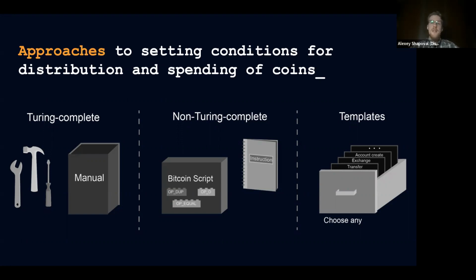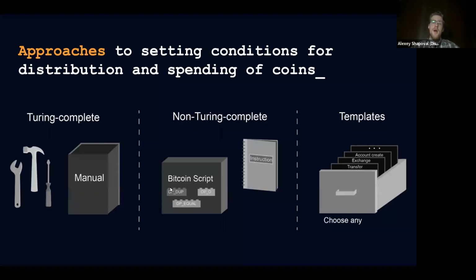The next category is non-Turing complete. These systems use building blocks to allow you to implement the logic only within the system boundaries. They are generally safer and more efficient, but at the expense of flexibility. Graphically, we can represent them as some blocks which are inside of the box. You can take them out of the box and stack them together.